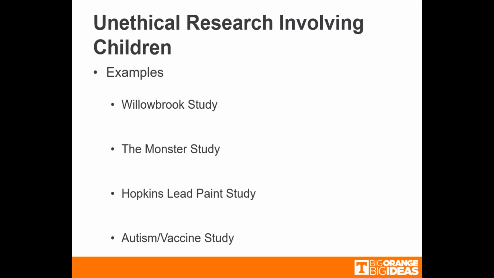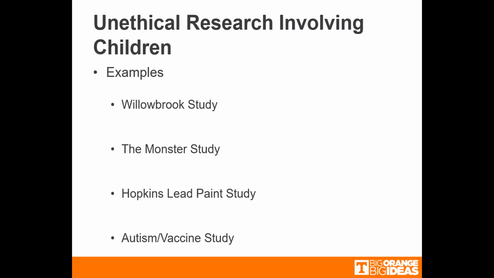The Hopkins lead paint study: most of you are probably familiar with Johns Hopkins University. It's one of the premier research universities in the country. There was a study done there in inner city Baltimore, where children were living in housing developments that had lead paint.